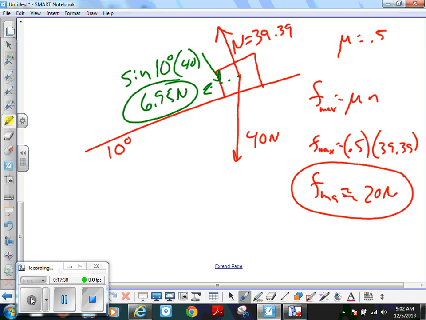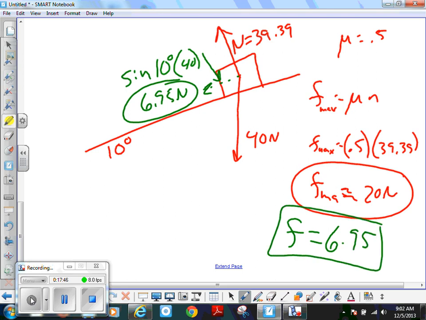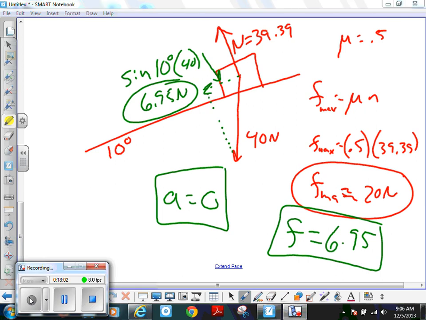No. So in this case, friction is actually equal to 6.95 because that's all it needs to be equal to stop this box. That's the whole less than or equal to thing. Okay, acceleration is 0 because the summation of forces is 0. Okay, any questions about that?